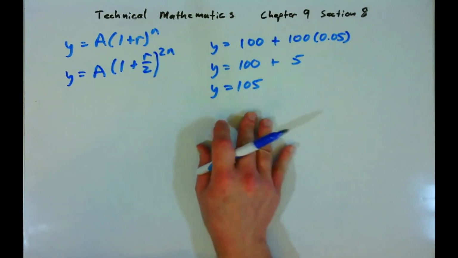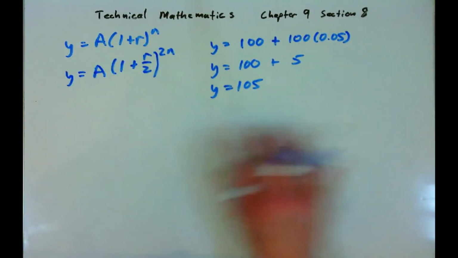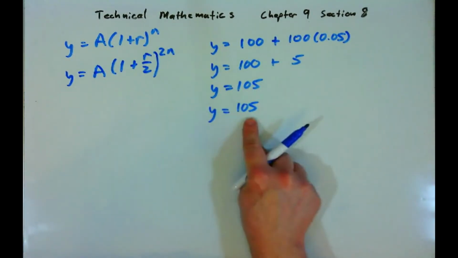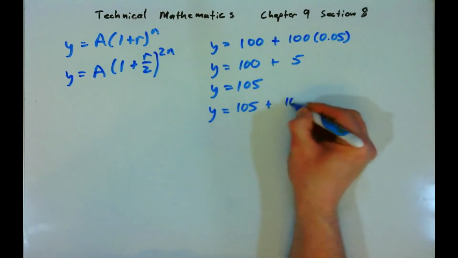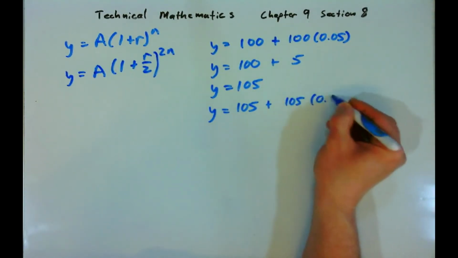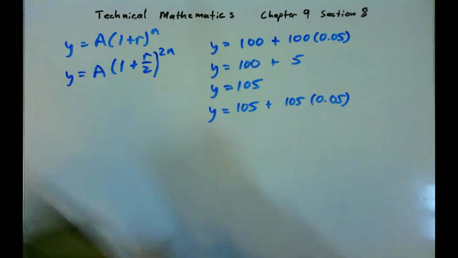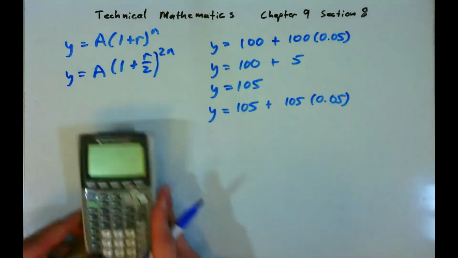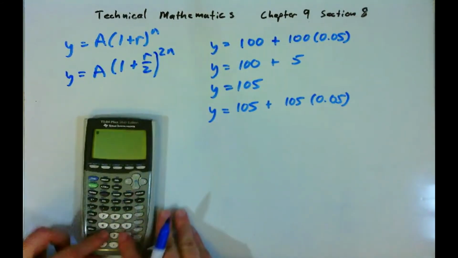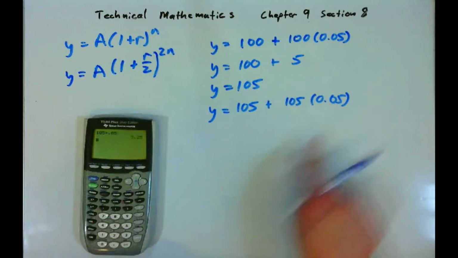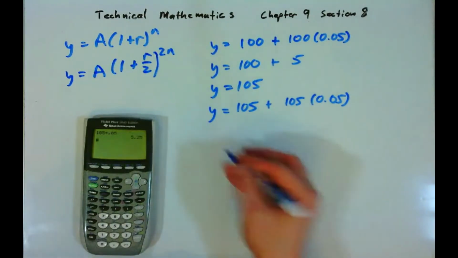Now, at the end of the second 6 months, at the end of the first full year, you started off with $105, and they're going to give you 5% interest on that $105. So 105 times 0.05 means that you get another $5.25.